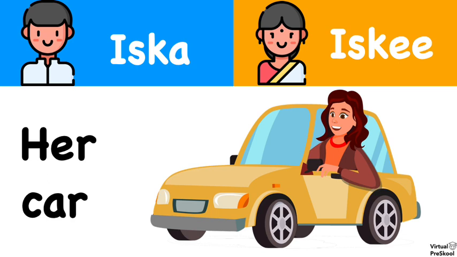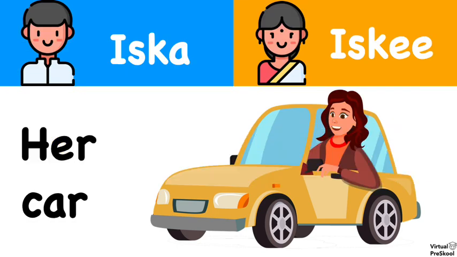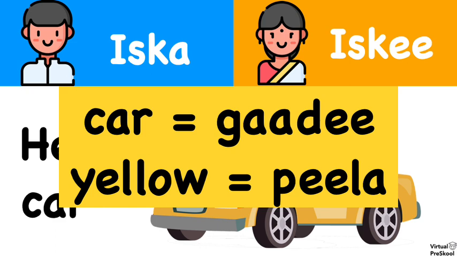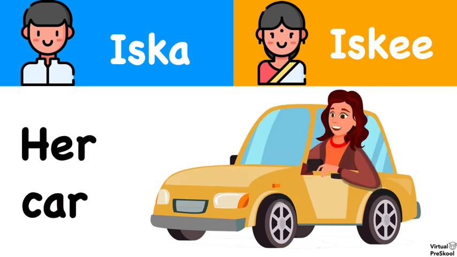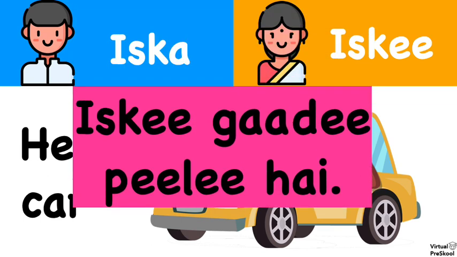What is car and what is yellow in Hindi? Car in Hindi is gadi and yellow is pila. And the sentence we want to do is her car is yellow. So what would that be in Hindi? It would be iski gadi pili hai.